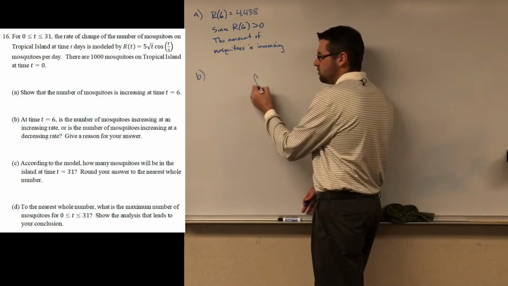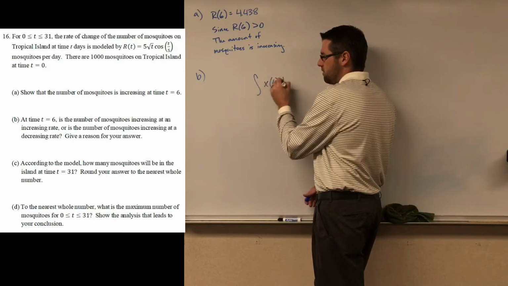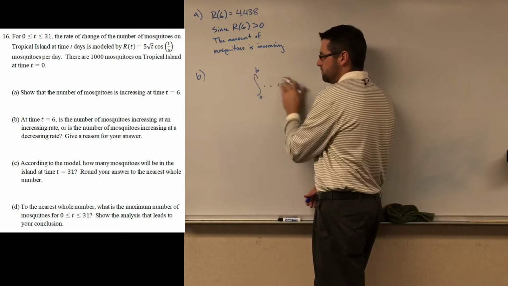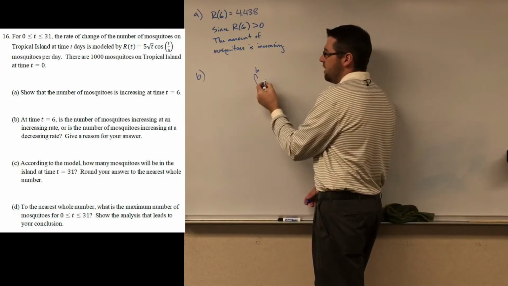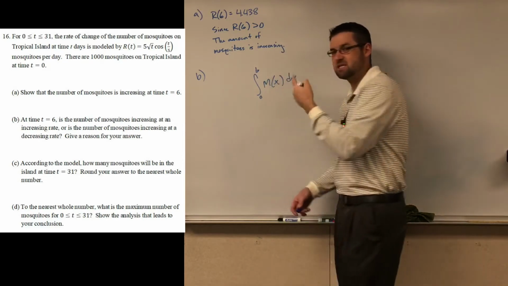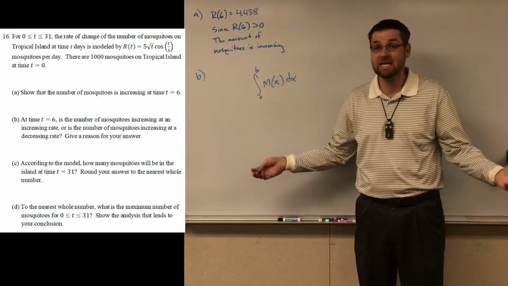If I say the integral of an amount, let's say x of t for position, from 0 to, well, we'll do this. Let's say mosquitoes. So M represents the number of mosquitoes, right? If I take the antiderivative of that, I don't know what that means.